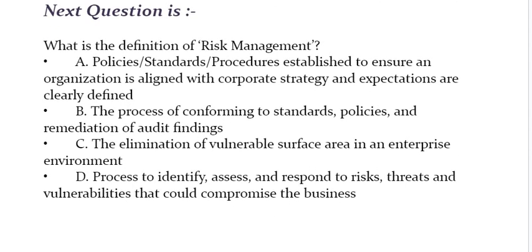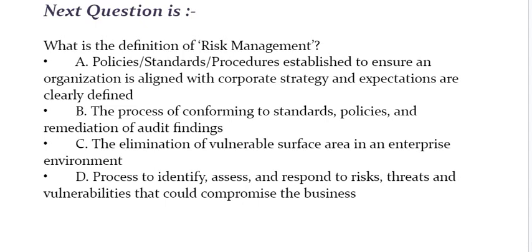Option A. Policies, standards, procedures established to ensure an organization is aligned with corporate strategy and expectations are clearly defined. Option B. The process of conforming to standards, policies, and remediation of audit findings.